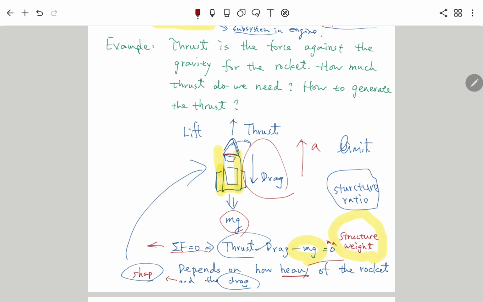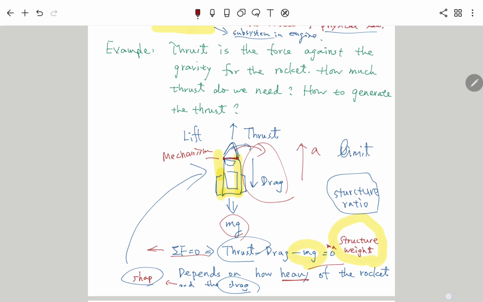You have a very strong connection to attach the nose cone, but you have to let it eject as you want. So this structure mechanism design is very important. All right.